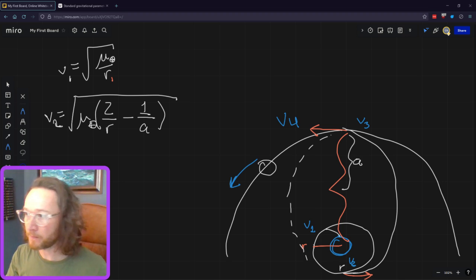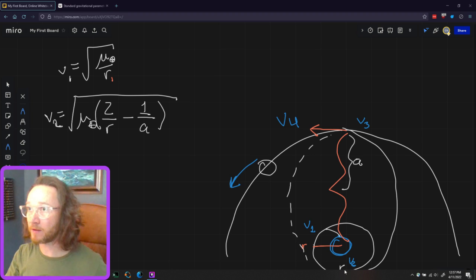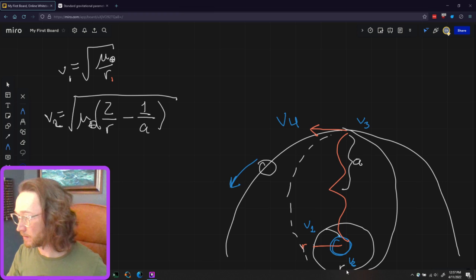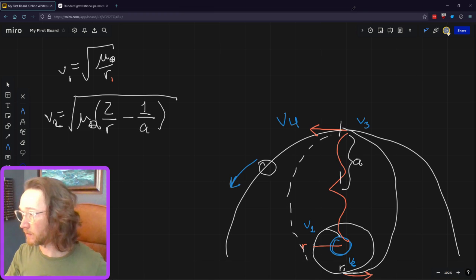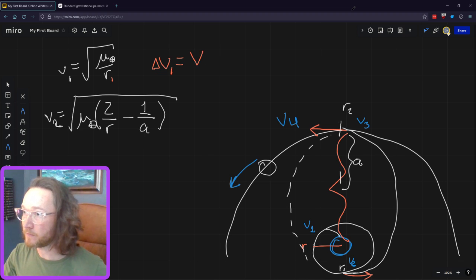So that's our V2. And so we'll call this R1. And this will be our R2 up here. So our first delta V, which I will now label in red, delta V1, is just the difference of these two, V2 minus V1.